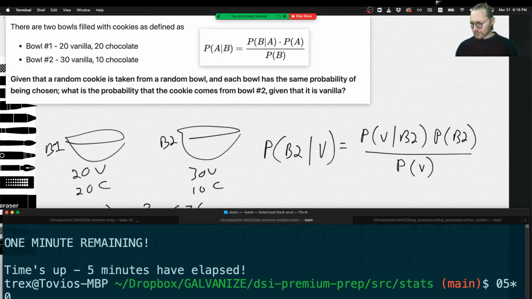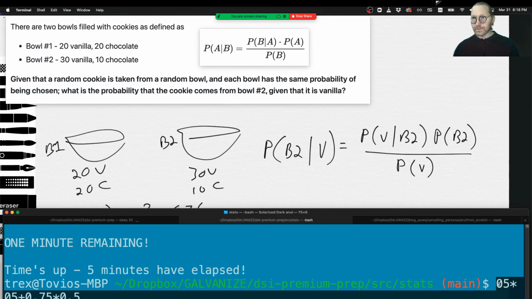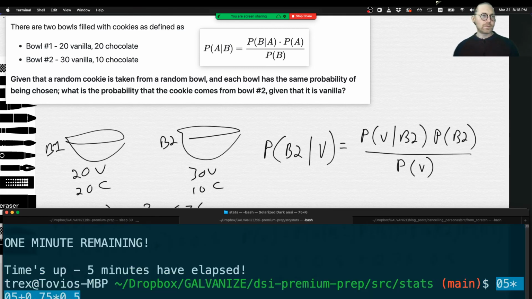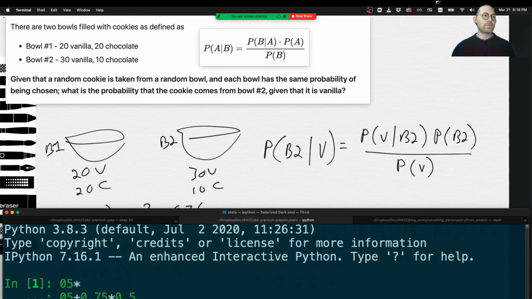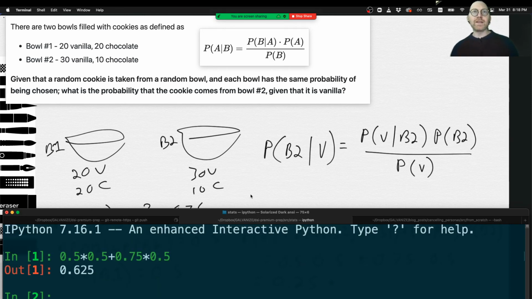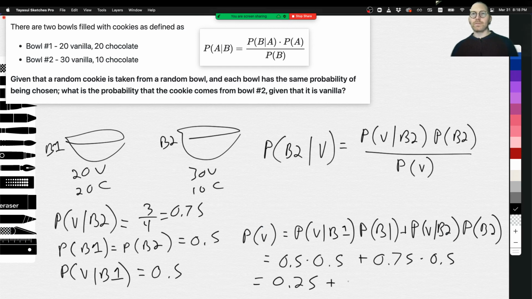Okay, except I need to do that in IPython. Okay, so it looks like that is 0.625. So the probability of vanilla just equals 0.625.